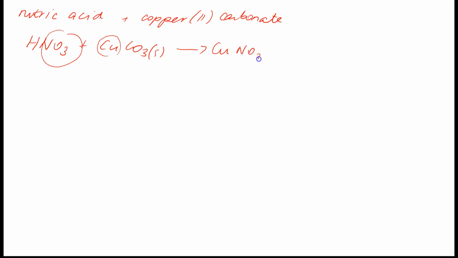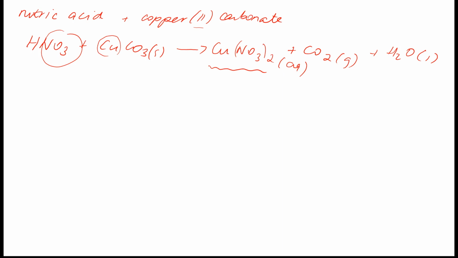NO3 has a valency of 1 minus. Copper in this case is 2, so we're going to have 2 lots of the nitrate. Again, an acid plus a carbonate produces a salt, and then we have carbon dioxide, which is a gas, and water, which is a liquid. From your solubility rules, all nitrates are soluble, so that is aqueous in solution.